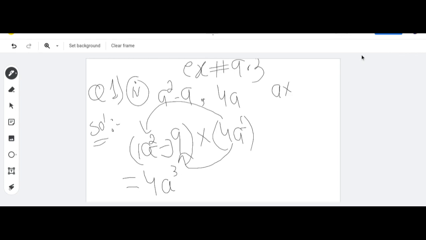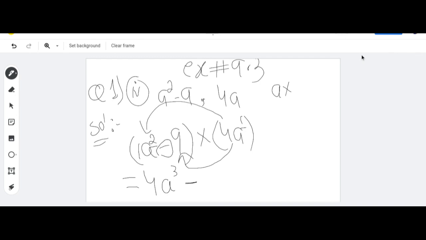The minus sign will also remain the same. We cannot change it. We are just multiplying them, but the operation will remain the same and will not change.